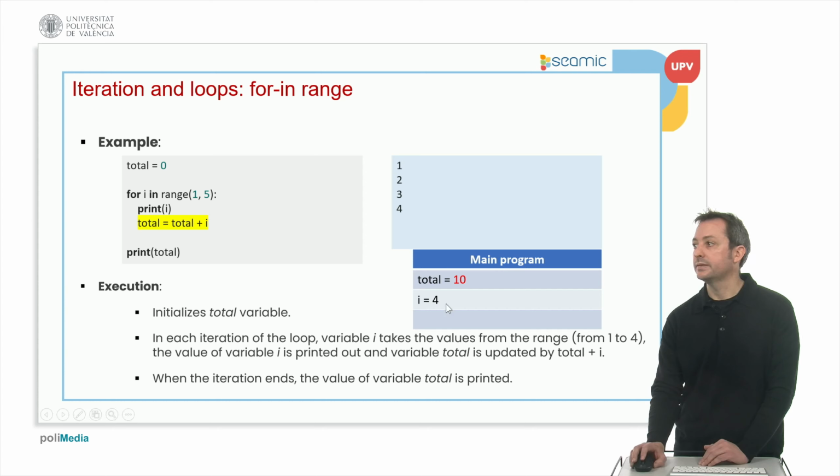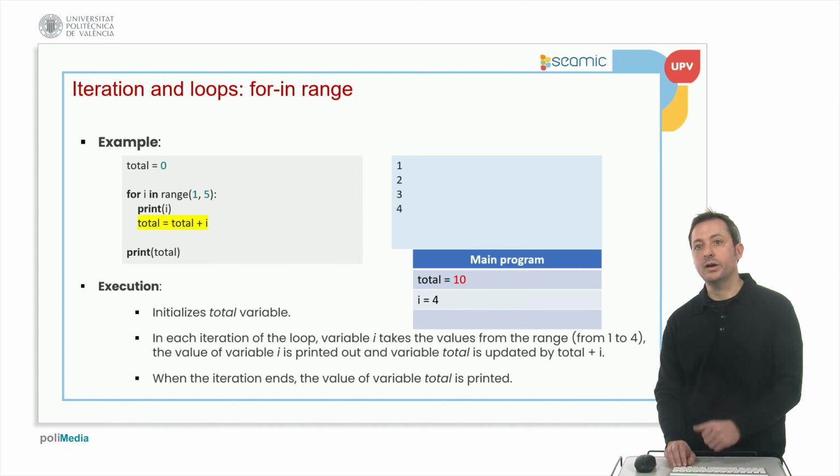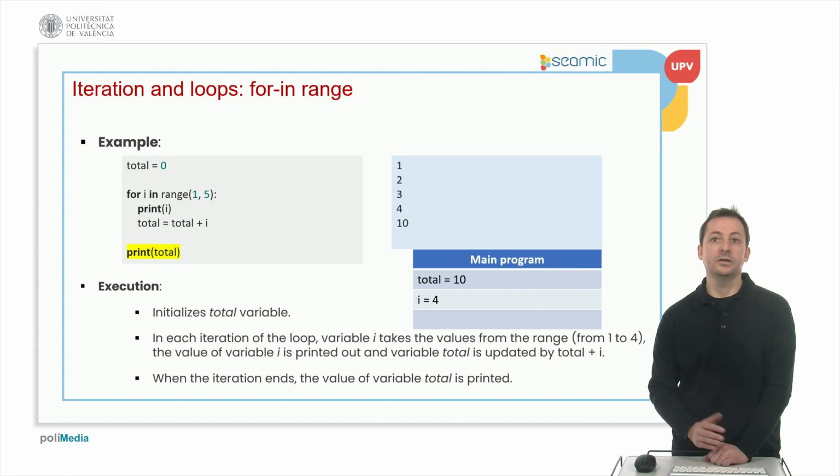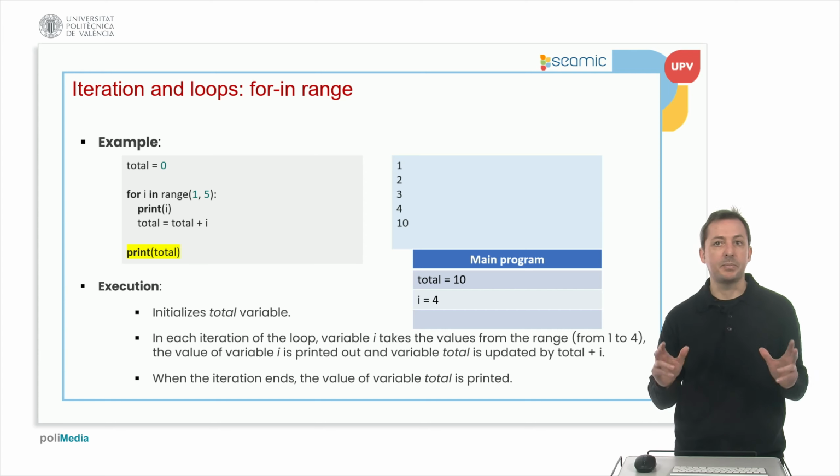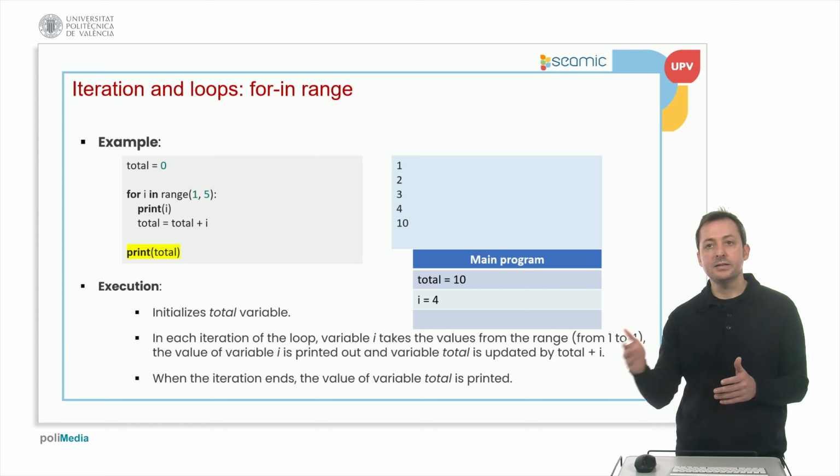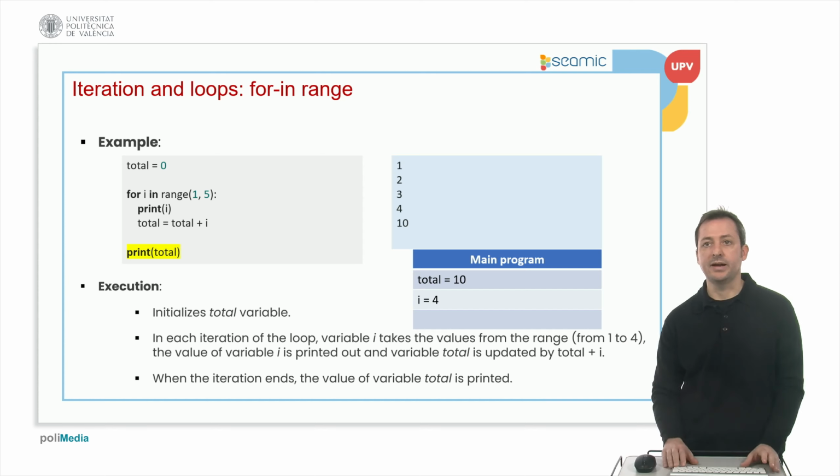So since we take the value of 4, this is the last value of the loop, and at this point the loop ends. So we are going to execute the first instruction outside the for statement, that is this print of the value of total. In this case, you can observe that the for, instead of having a predefined list, repeats the instructions from one initial value until a final value.